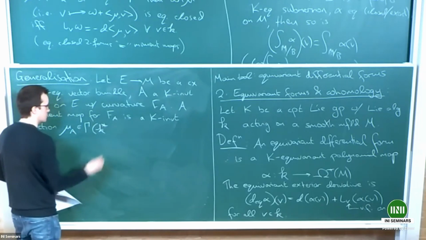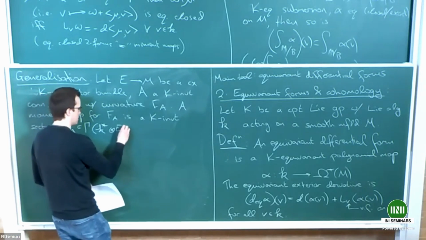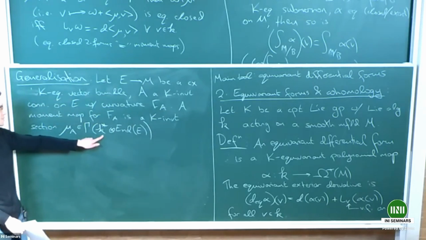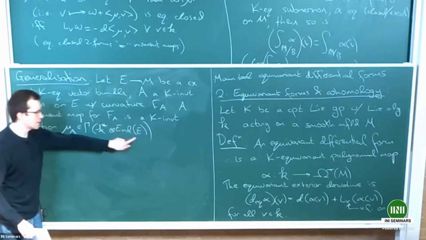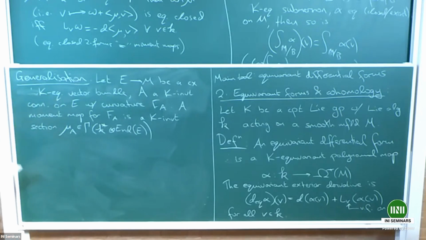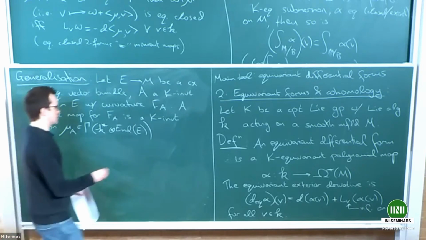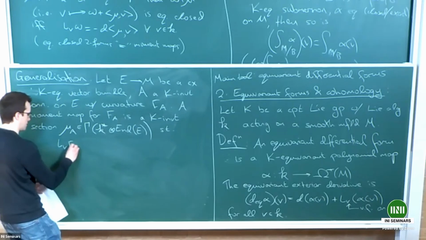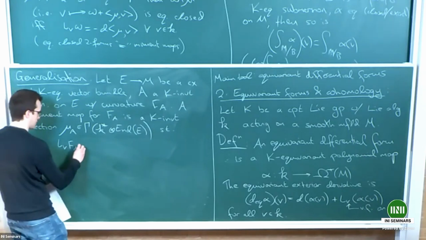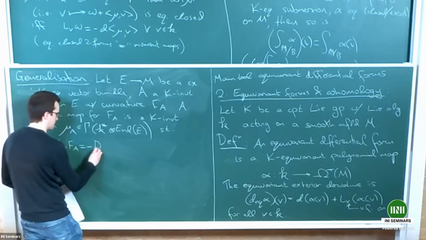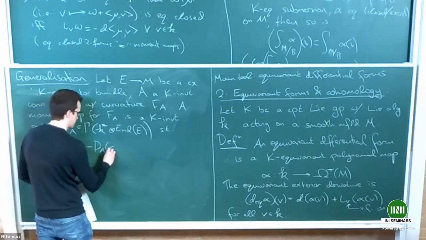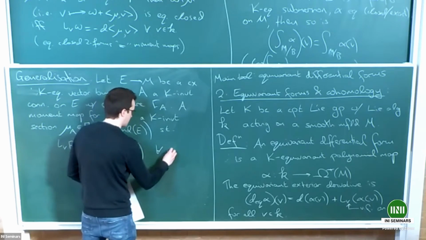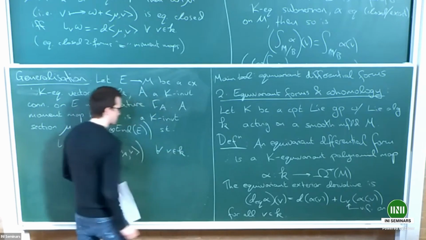It should be a section of the dual of the Lie algebra tensor endomorphisms of E. So for each element of the Lie algebra, I get an endomorphism of this vector bundle. Such that the following holds: the contraction of F_A with any vector field generated by the Lie algebra is minus the connection applied to mu_A paired with V, for V in the Lie algebra.